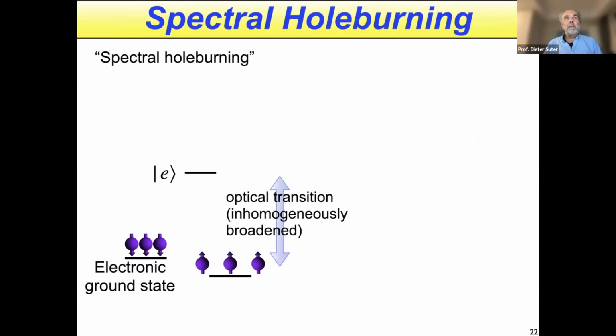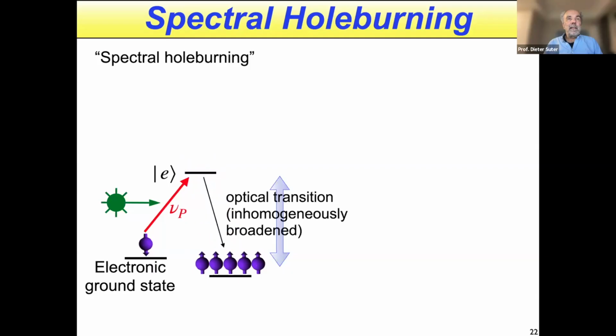So what does spectral hole burning mean? For this, I consider here a system with an electronic ground state and an electronically excited state. In the ground state, we have at least two different nuclear spin states with different energy. Now, if you apply a narrow bandwidth laser, you will excite nuclear spins or ions into the electronically excited state, and they may switch their orientation during this process, but they will not stay there forever.